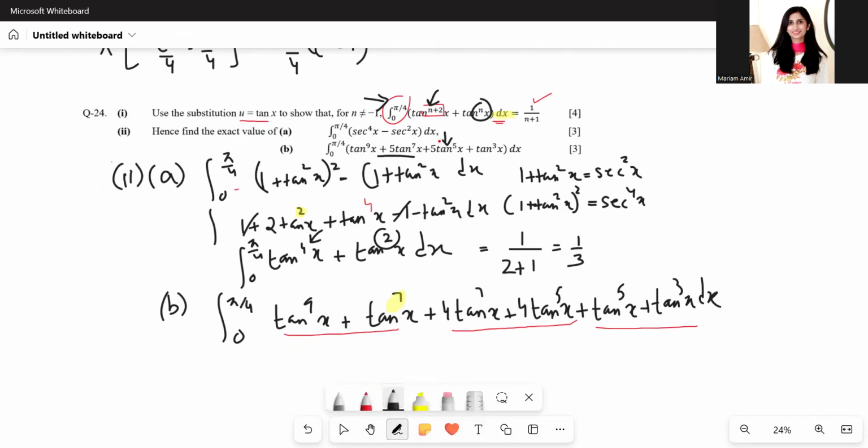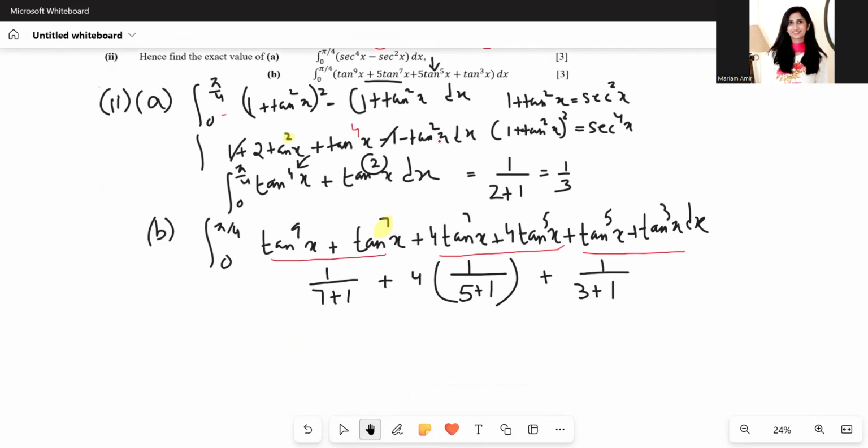So after integration, we get 1 over 7 plus 1. In the next one, we're going to take 4 common, and then n is 5, so 1 over 5 plus 1. And then n is 3 now, so 1 over 3 plus 1. So we're getting 1 by 8 plus, that becomes 4 over 6, which is 2 over 3, plus 1 over 4.